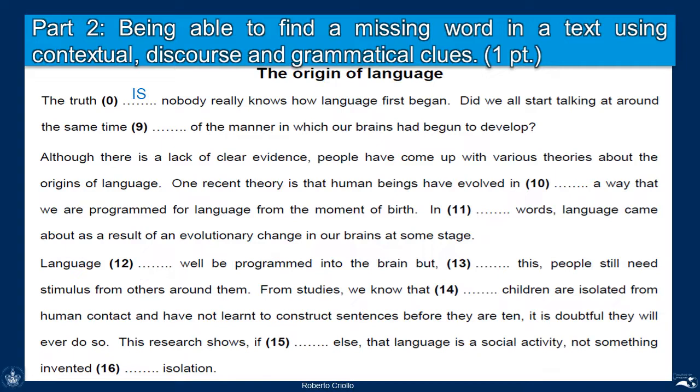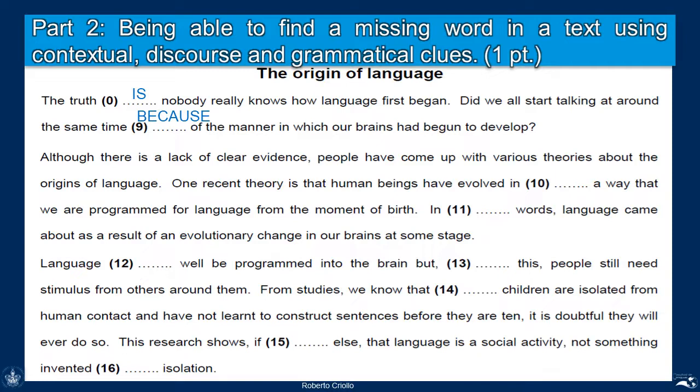So here we see that we have the preposition of and we have the time. Okay, so then we need an explanation for that, and obviously the word will be because. Did we all start talking at around the same time because of the manner in which our brains had begun to develop? Let's move on.